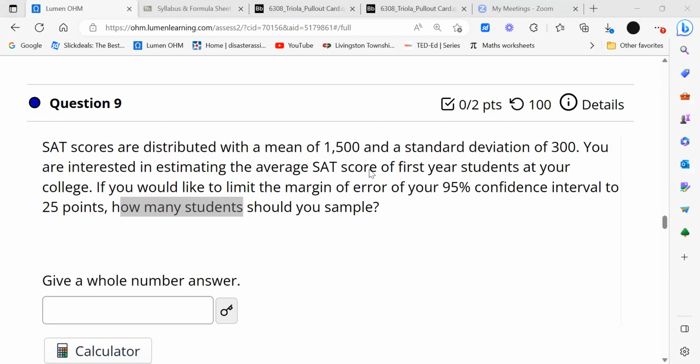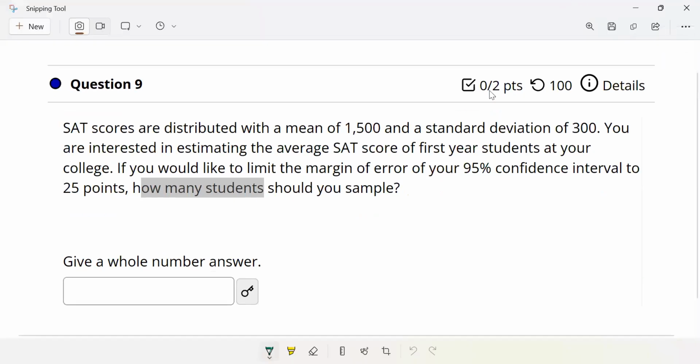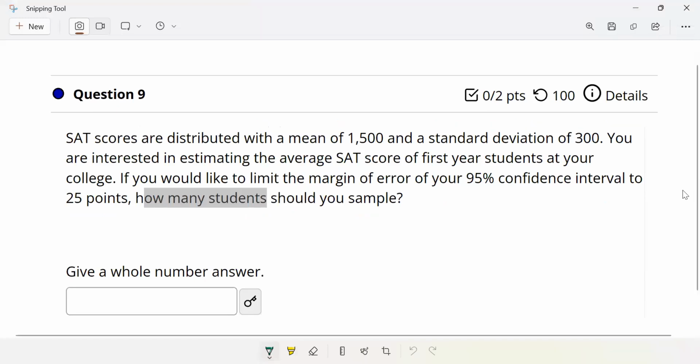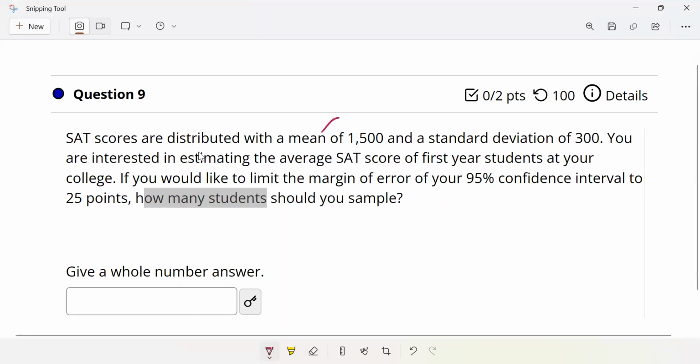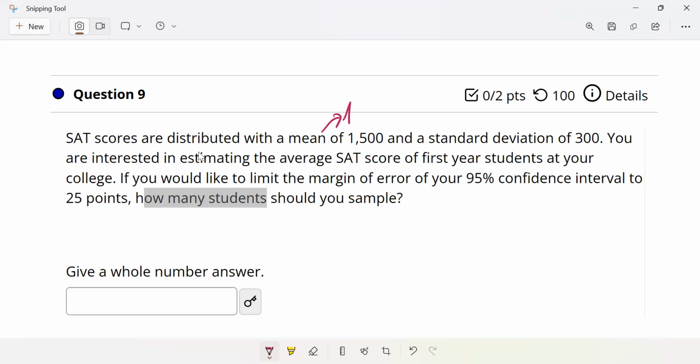First of all, we have a mean, although it's given here, it's not needed. So we don't need the mean here. It's given as the population mean, but we don't need it.